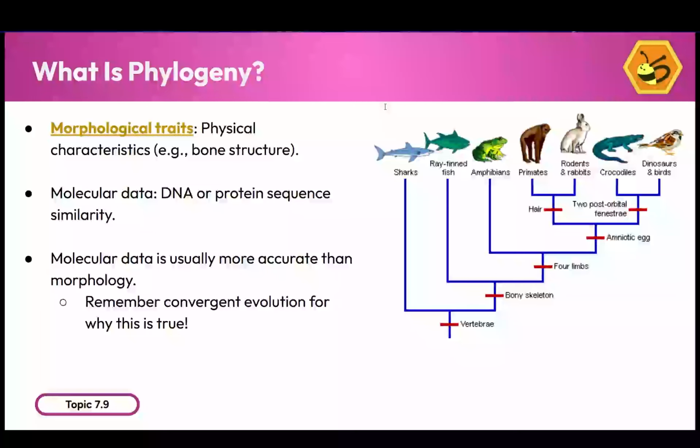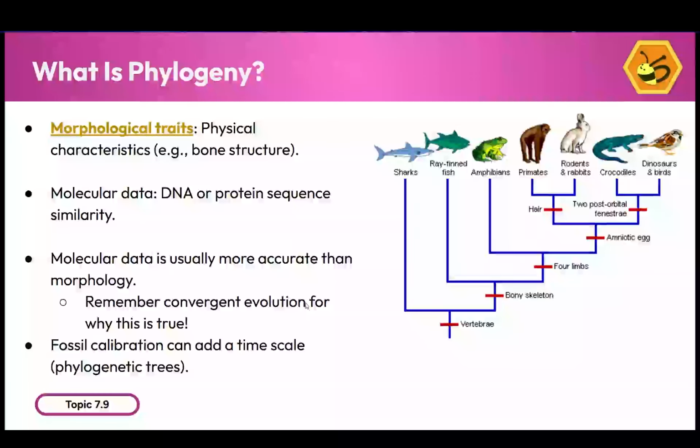We can build trees using morphological traits like bone structure, but molecular data such as DNA or protein sequences is more accurate, because similar traits can evolve independently in unrelated species. That's convergent evolution, which can mislead us if we only use physical features. Fossil calibration can also add to the timescale of these trees.